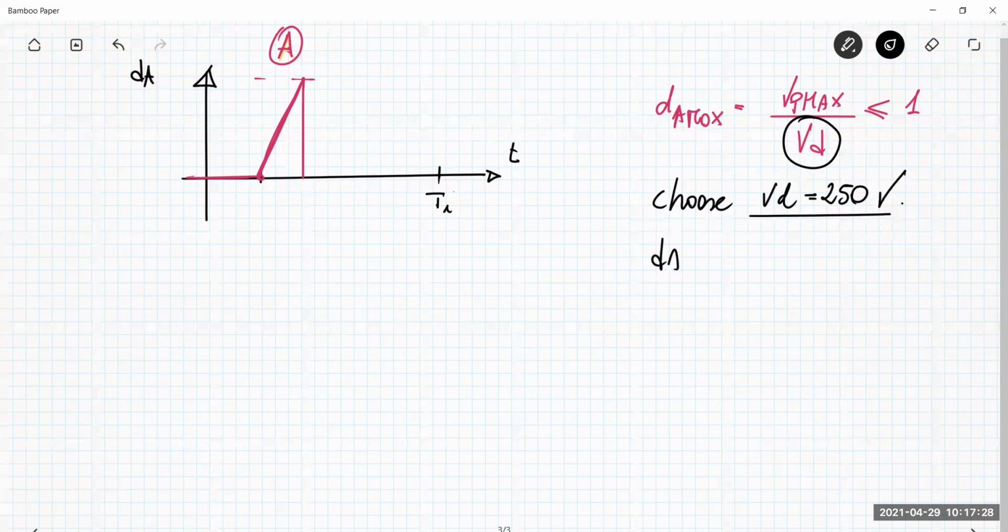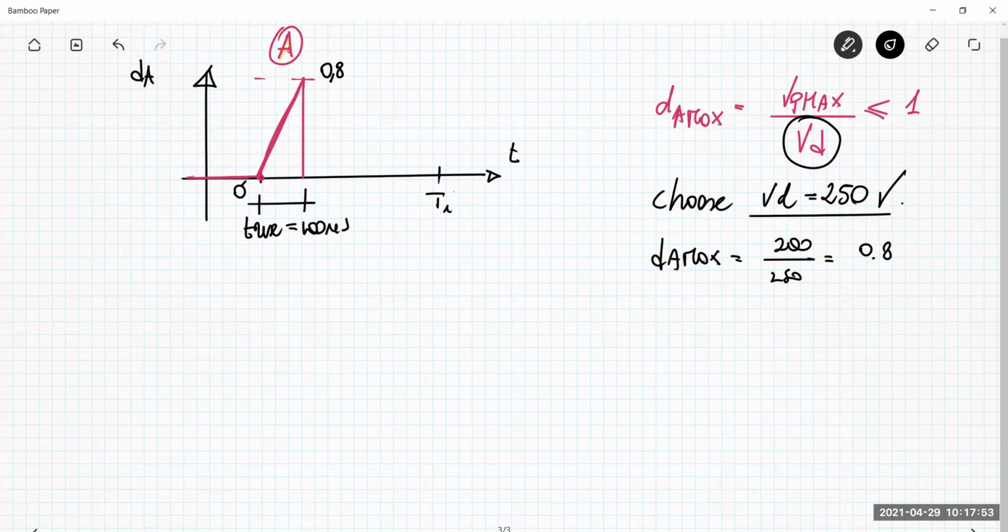So the duty cycle maximum becomes 200 divided by 250, which is 0.8. 0.8 here, from 0 to 0.8 in a T rise equal to 100 microseconds.